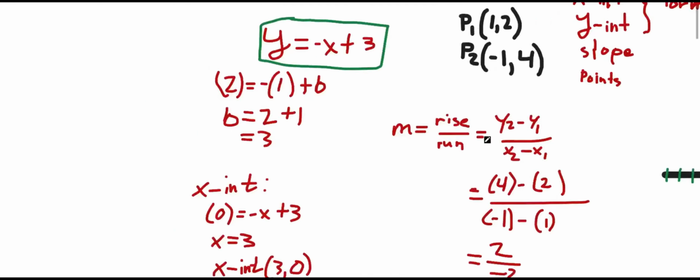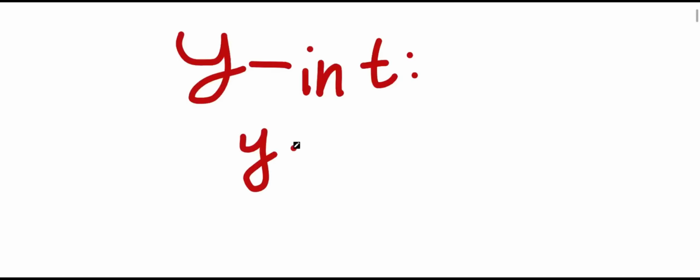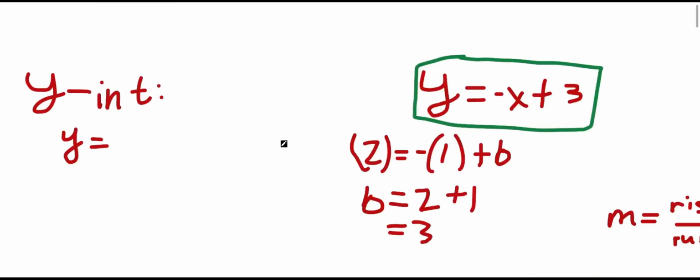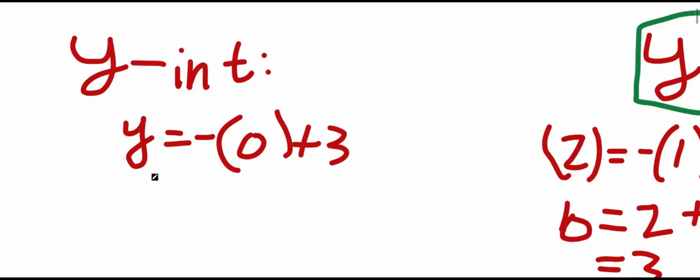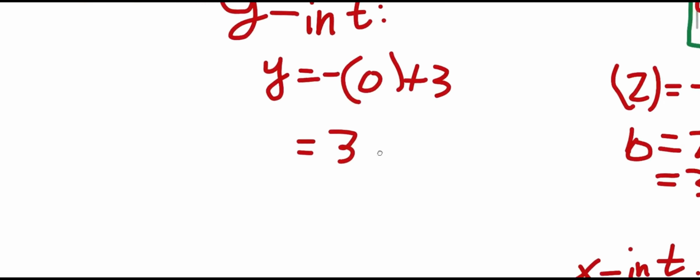And then for the y-intercept, that's when x is equal to 0. So the formula, y is equal to minus x plus 3. And then we isolate for y, which is equal to 3.